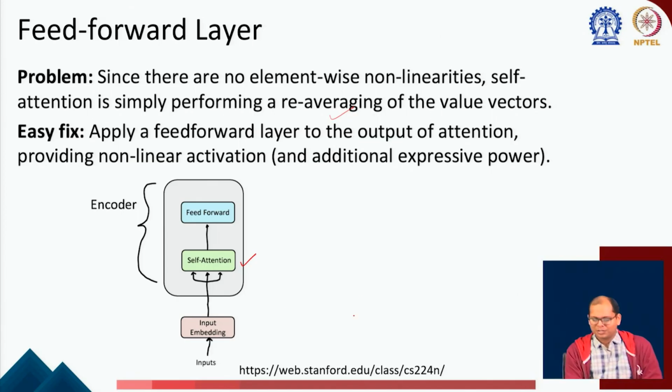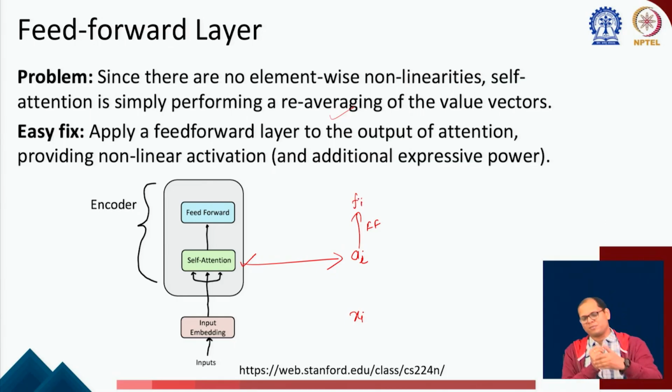Each input xi will get a self-attention output ai, by averaging the values for all the words in the sequence. Now on this output you will apply a feed-forward network, and this will be the feed-forward output, fi. This will again happen for each word.